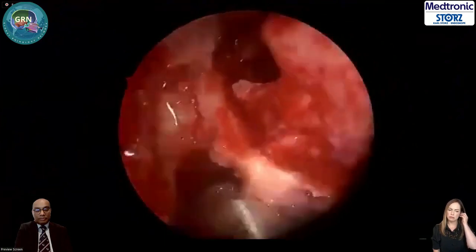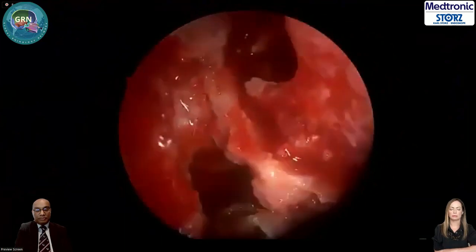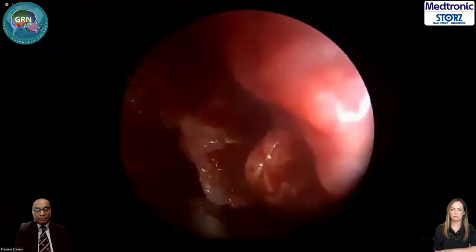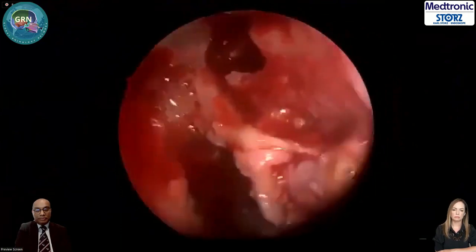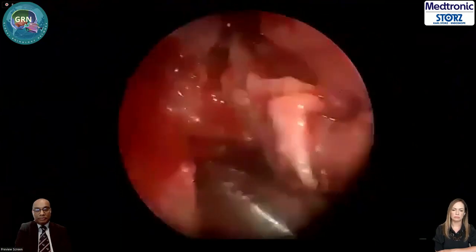In the lacrimal recess, and the lacrimal recess was full of tumor. So we need to clear that position.